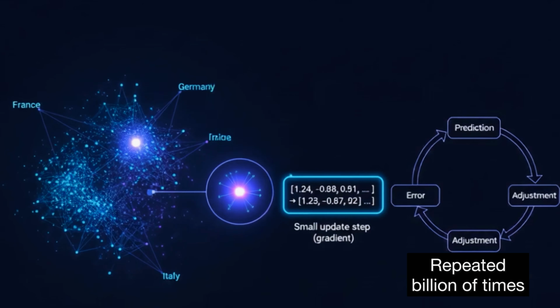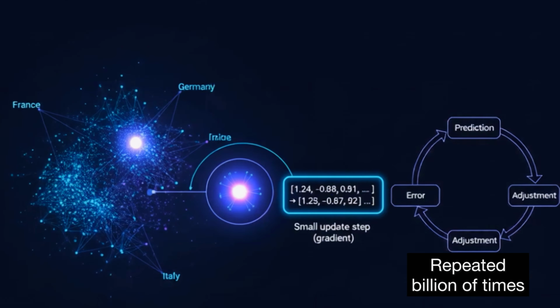Gradient descent tells the model, can you move the vector coordinates for France by this tiny precise amount so that the overall error is reduced on that sentence. This cycle of prediction, error, and adjustment repeats for billions of examples out there on the internet, continuously sculpting and refining the coordinates of the embedding map.